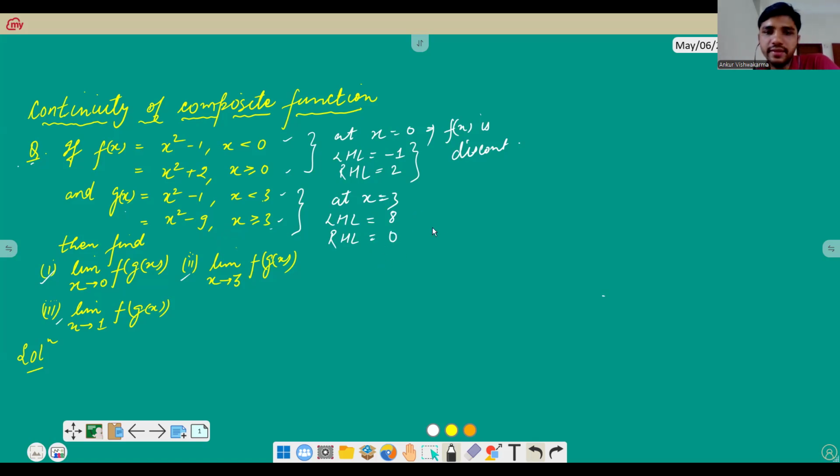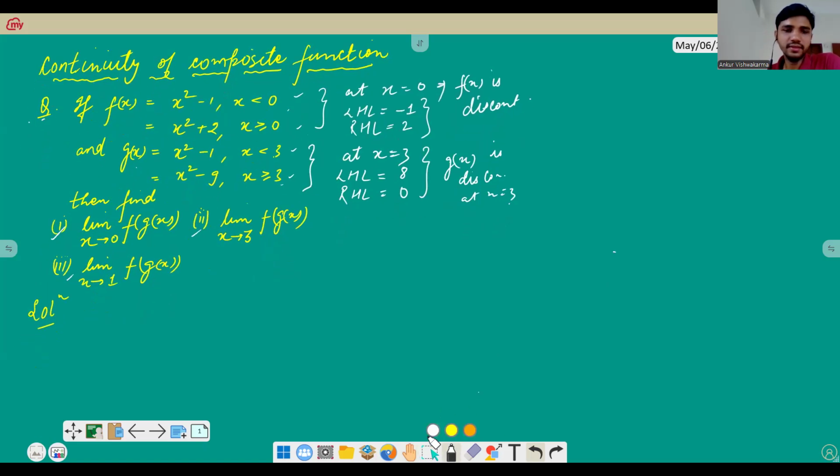Again, here also the limit does not exist as LHL is not equal to RHL. So yes, g(x) is also discontinuous at x equals 3. So f(x) is continuous everywhere except at x equals 0, and g(x) is continuous everywhere except at x equals 3.